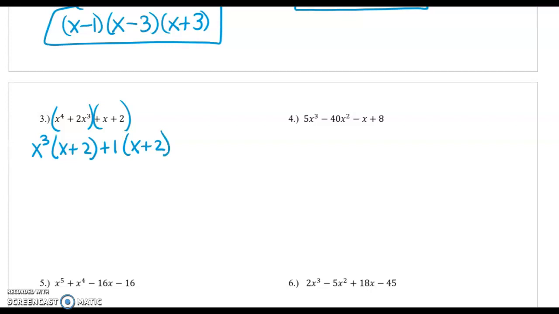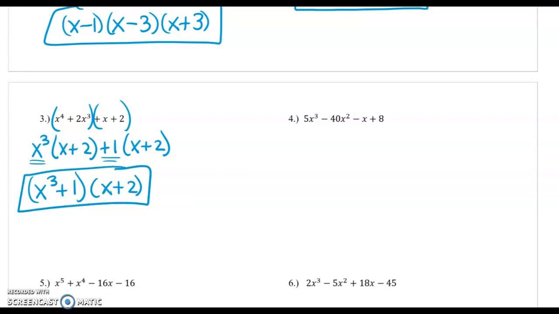Okay, but you do need to make sure to take that out so that when we write down our answer here, we have the x cubed plus 1. You don't just want that x cubed by itself, and then you have the x plus 2. And it doesn't matter what order you write this in, okay, so the factors could be in different orders, that's fine.